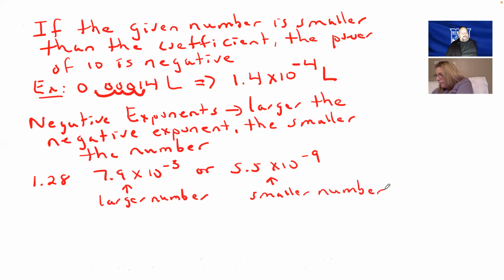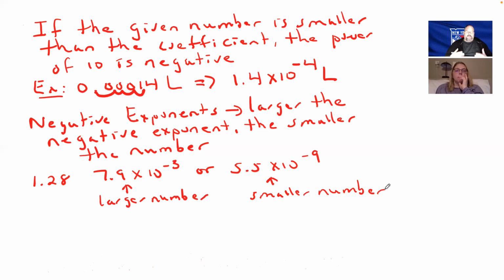And just off the top of my head, one of the reasons why being able to tell with negative exponents which is the larger and smaller number is important is that when we get to chapter 10 with acids and bases, one of the things that'll be talked about is how to tell whether a solution is acidic or basic. The two numbers you're going to have to compare are both going to be numbers in scientific notation with negative exponents.